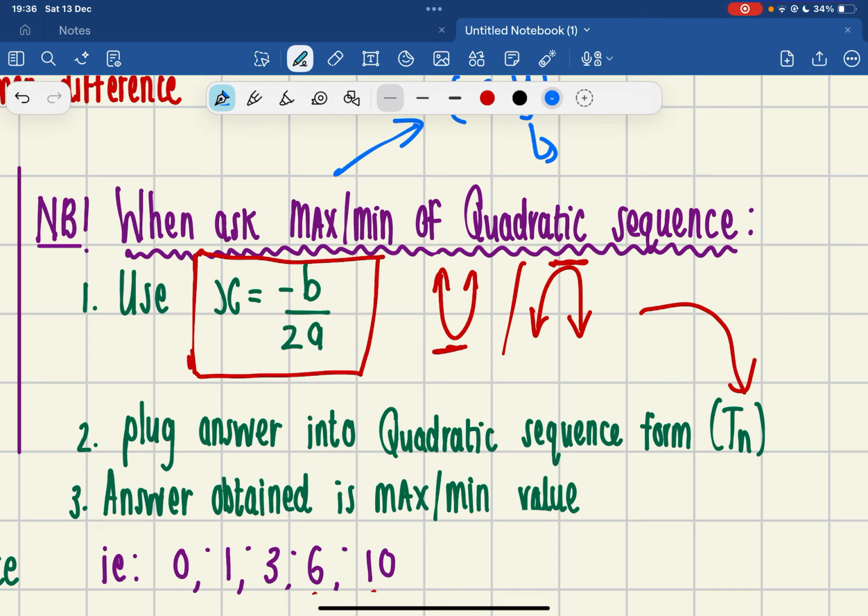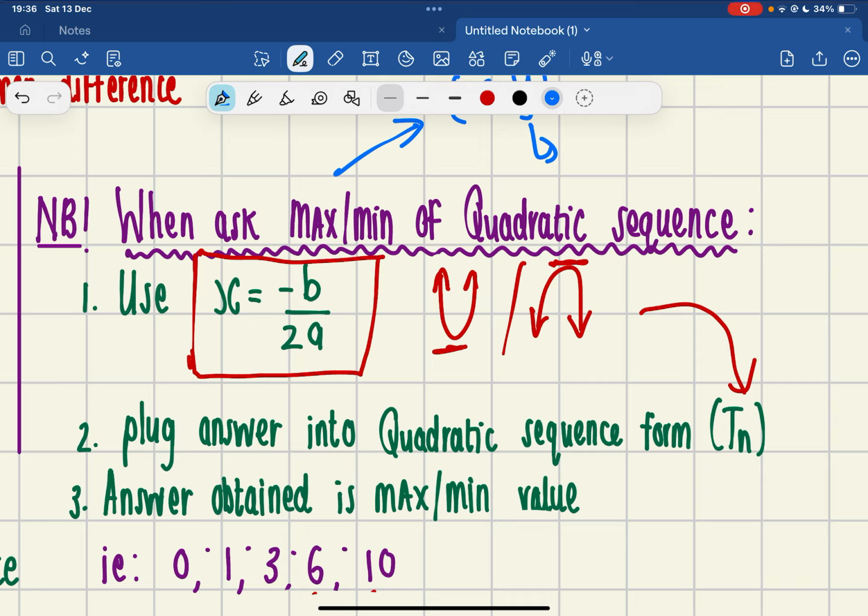Now, when asked to give or provide a maximum or minimum value in a sequence, we would use the formula x is equal to negative b over 2a. Now, this is a shortcut, boys and girls. You can complete the square. That's a long way, but you can do that. Or you can just apply this formula, which is very quick and easy.